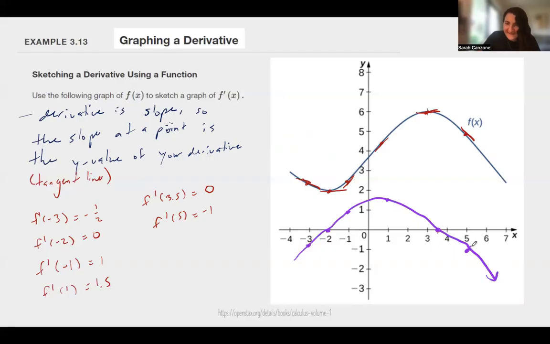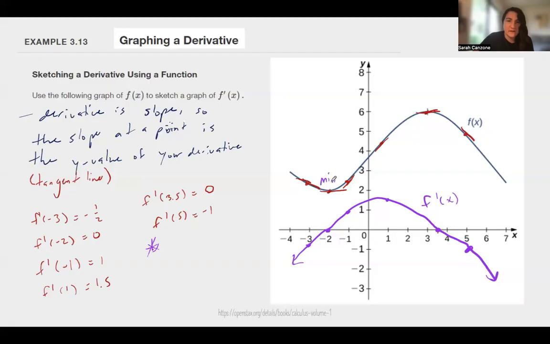And we're going to pretend like that went through that. And this is f prime of x. So just like that, we were able to graph the derivative function just by looking at the original, by looking at the slopes of the original function. And what I really want to note here is that, first of all, we see the maximum and the minimum.